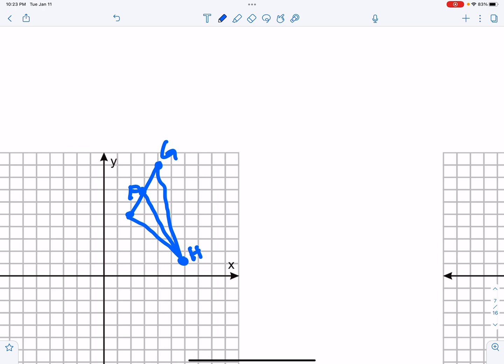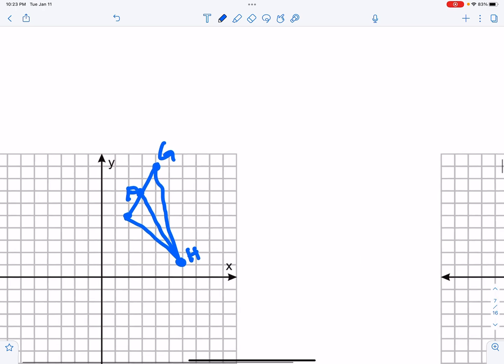For my next segment, and again, I just need to do two of these, if I count the rise over the run, it's down 1, 2, 3, 4, and over 1, 2, 3, 4. So if I go down 2 and right 2, there's the midpoint of that segment right here. And I can go across to the vertex and construct a straight line.